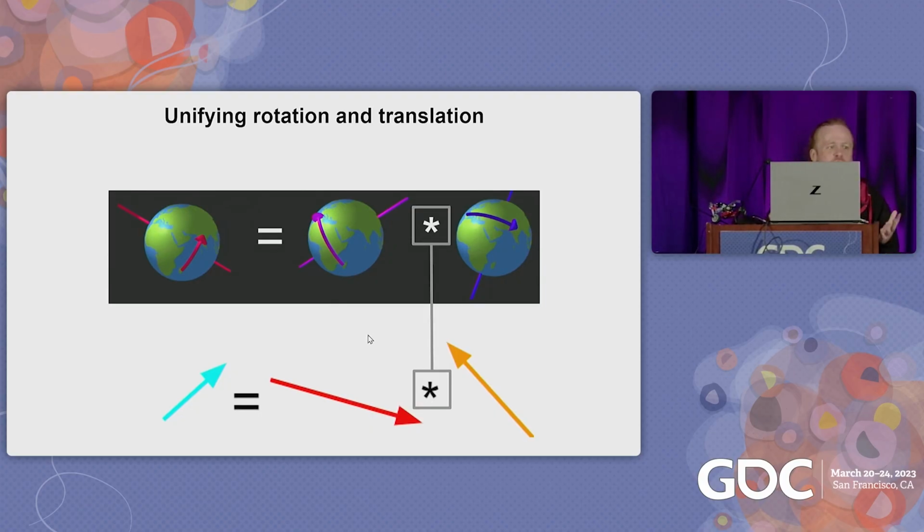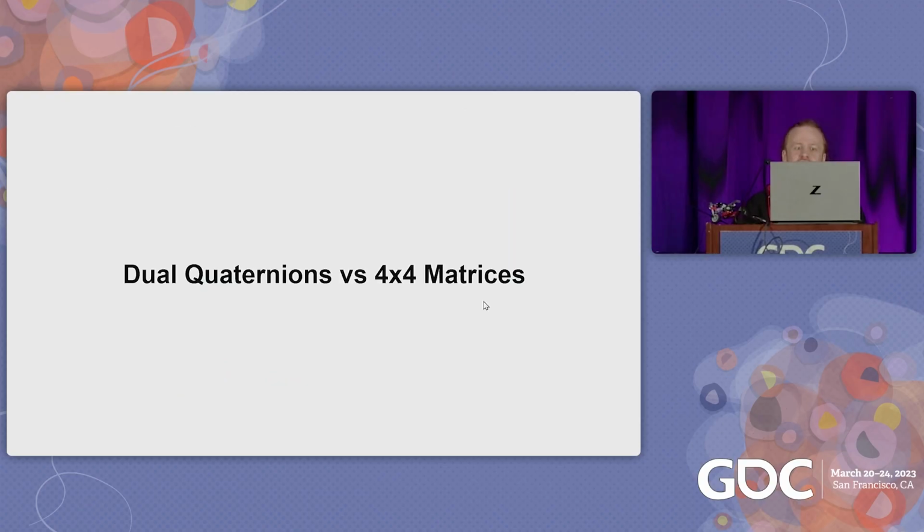To which a lot of people will be saying, hey, hang on, don't be so fast. This is also 4x4 matrix multiplication, right? And that's true. So 4x4 matrices and dual quaternions both unify rotations and translations, which is great for both of them. But if we compare them, which is what we're going to do in this section, we'll see that there's lots of advantages to dual quaternions.